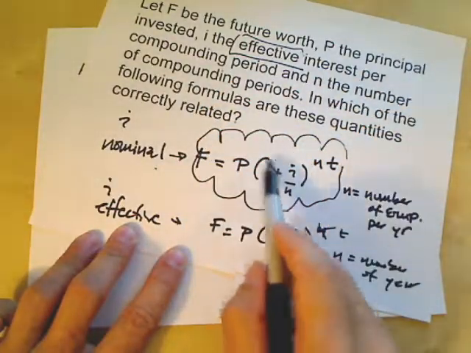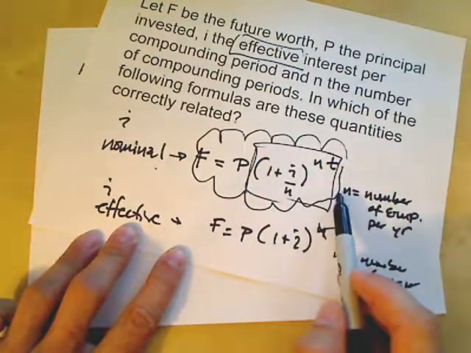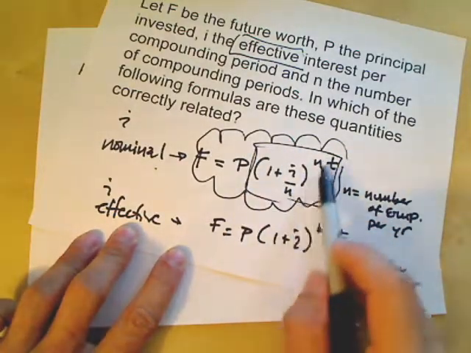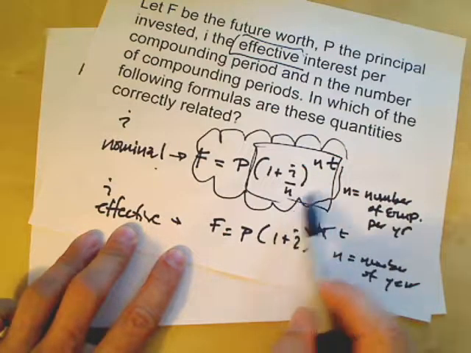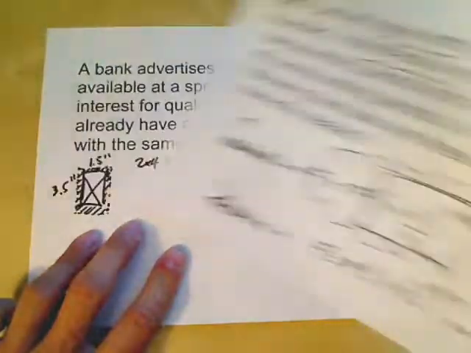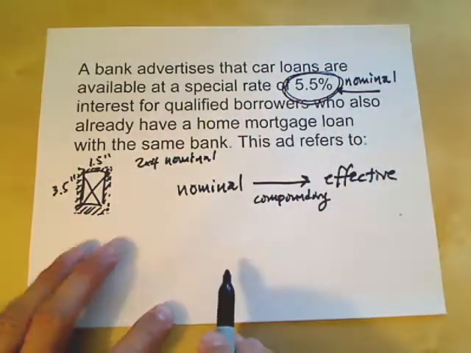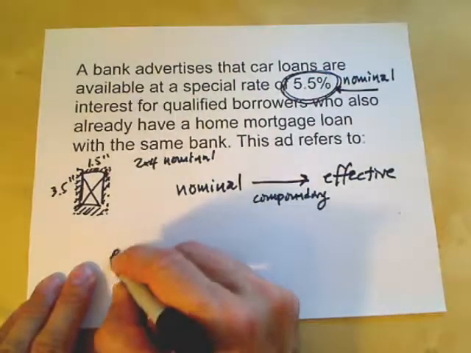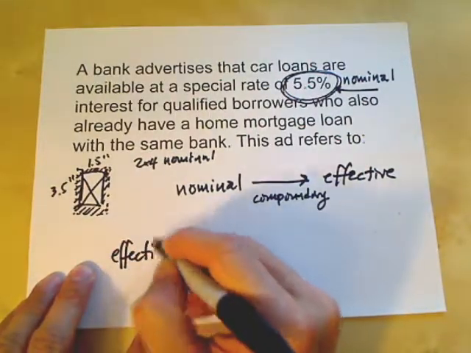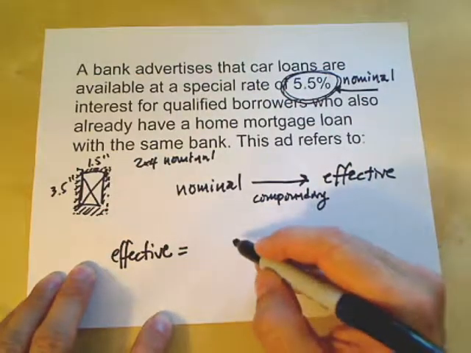This formula uses a nominal interest rate for I and a number of compounding periods other than one to adjust from the nominal to the effective. I'm going to be more specific now. The nominal rate, 5.5, we can convert that to an effective rate like this.